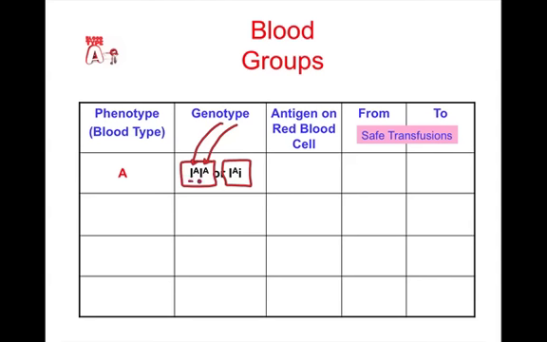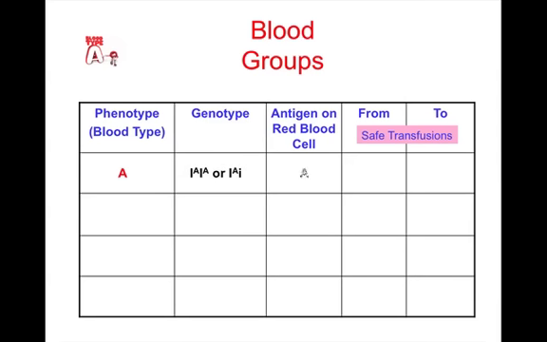We use the letter I to indicate that they're a blood type, and then the lowercase i is indicating that that is heterozygous for the blood type. So if we were looking at this particular person right here, this would be capital A, and this particular person would be capital A, O, because the lowercase i stands for O, which is the recessive.